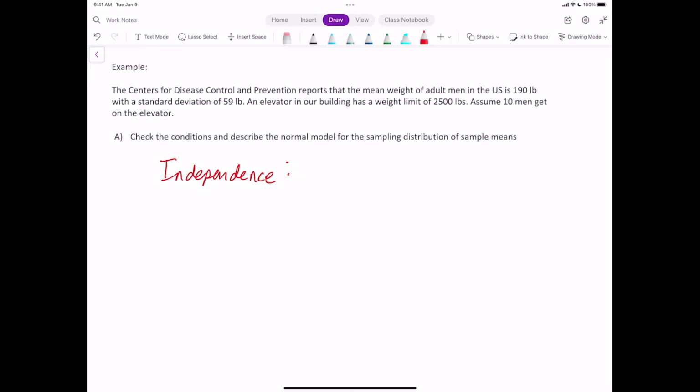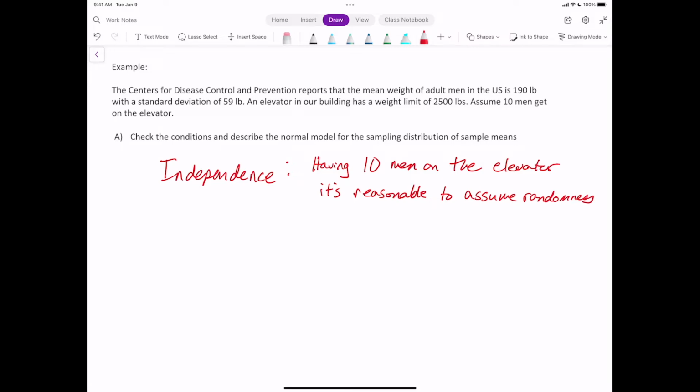So having 10 men on the elevator, it's reasonable to assume randomness, right? Okay, so because of that, independence is good to go.